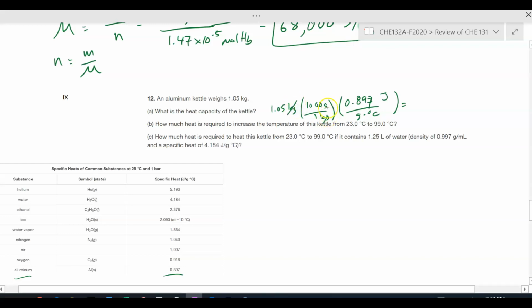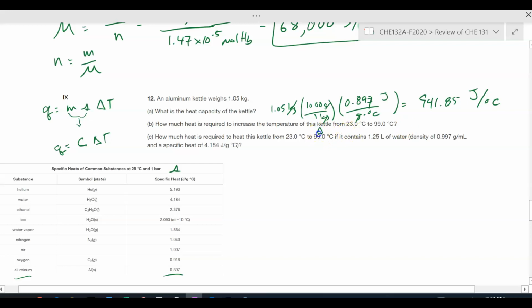Kilograms cancels out, grams cancel out, and we wind up with 941.85 joules per degree C. So, if you're trying to increase the temperature of the kettle, we say Q is equal to M S delta T, where S is the specific heat. M times S in this case gave us the heat capacity, which we'll call C. For an object, its Q is just equal to C delta T.